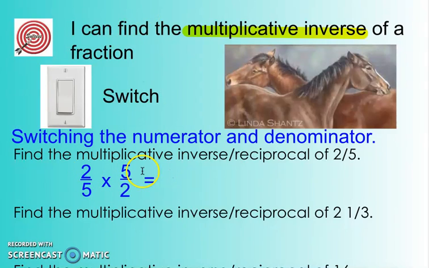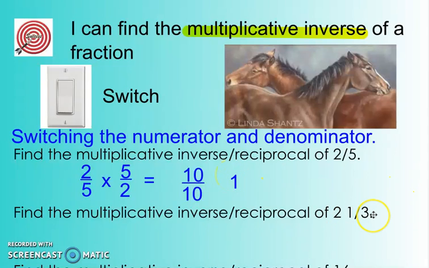If I multiply 2 times 5, I get 10. And if I do 5 times 2, I get 10. Well, what's 10 tenths? It is equivalent to 1 whole. And so I know that these two are multiplicative inverses of each other. I know that they are reciprocals of each other, because when I multiply them together, I get 1 whole.